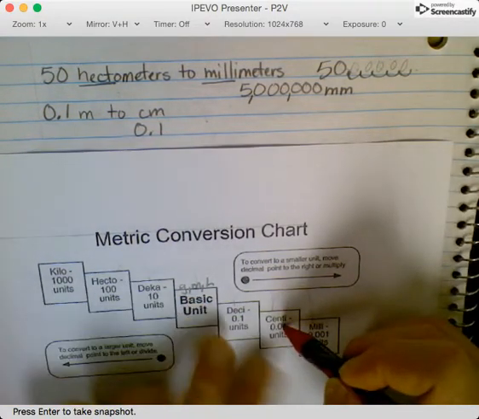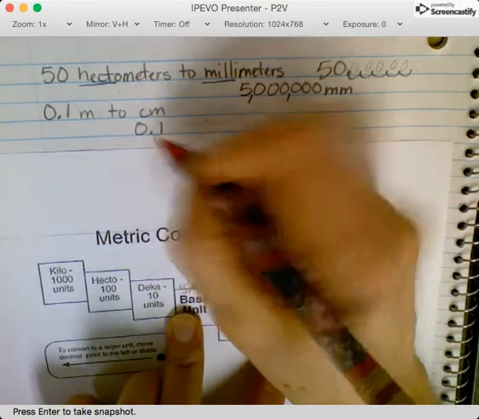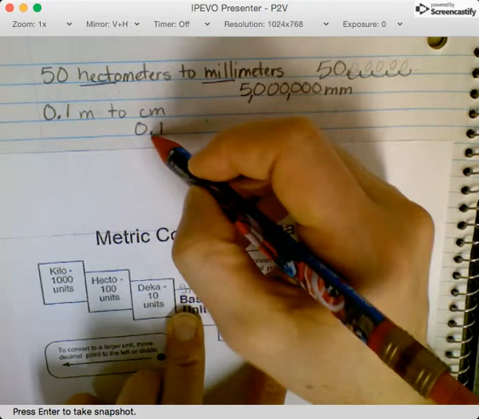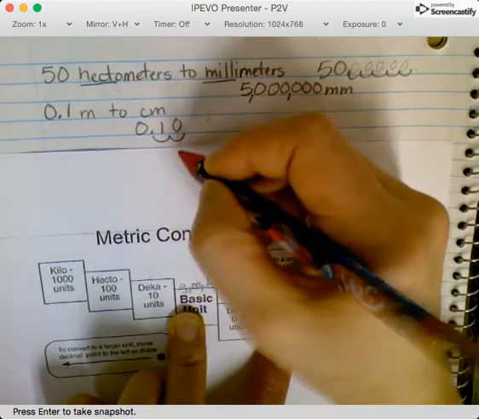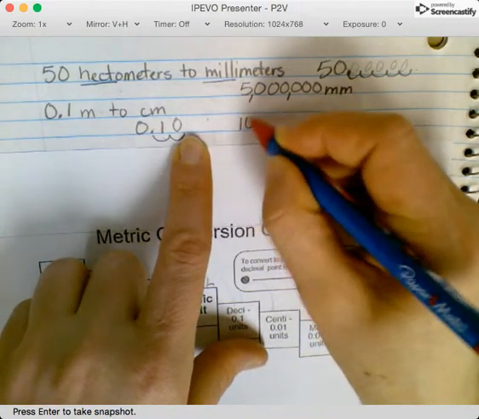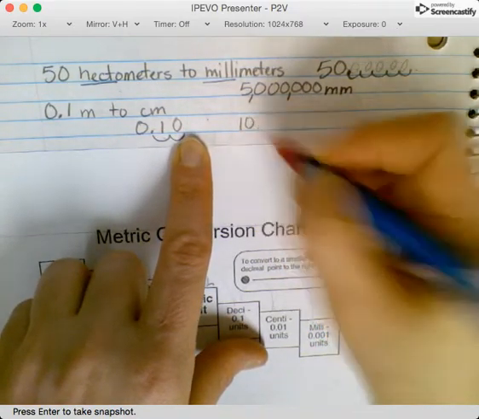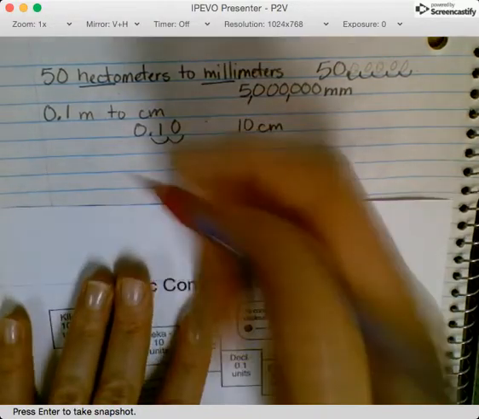Centi is over here, 1, 2. So I go 2 to the right on this problem, and that means I would put a 0 there. The decimal place ends up after the 0, which makes that just 10. My label is centimeters.